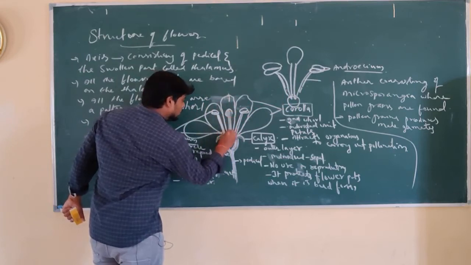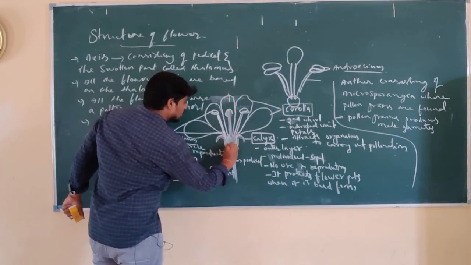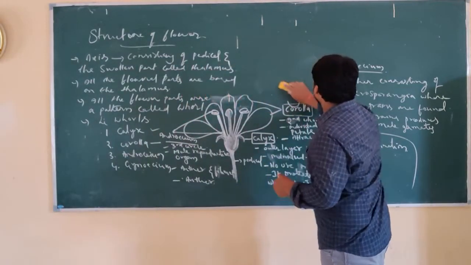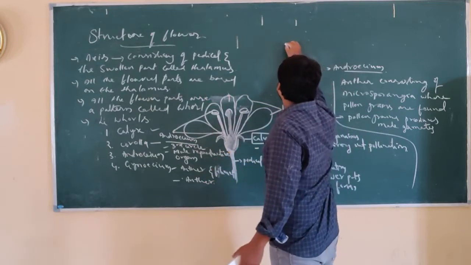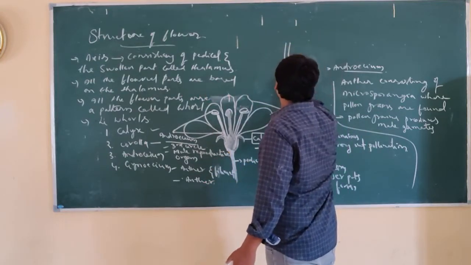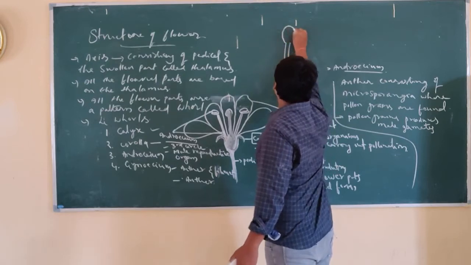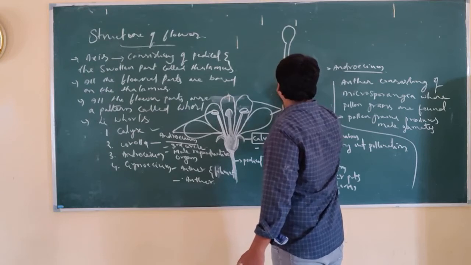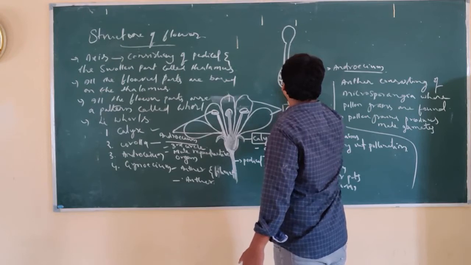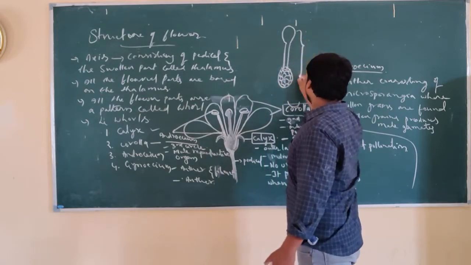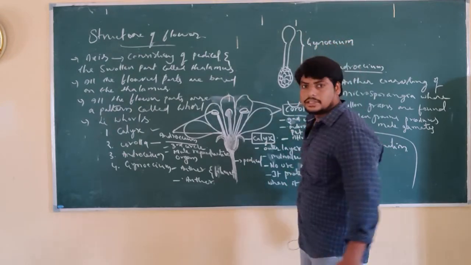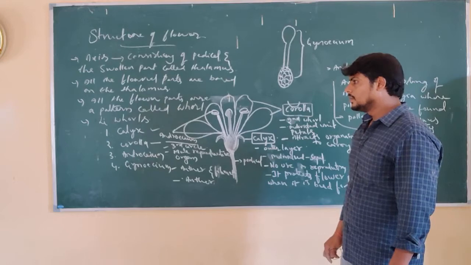the fourth whorl of the flower. That is where you will see separately. Gynoecium. It is also called a gynoecium.